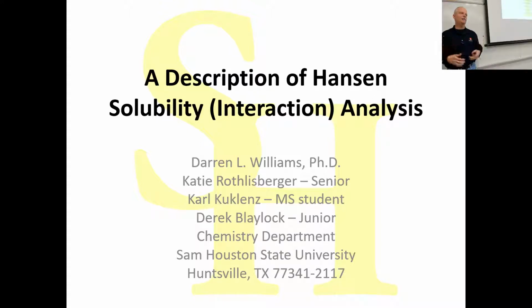So therefore the H term must be non-zero. So it's not really measuring how much hydrogen bonding there is in toluene, but it's saying that there's more intermolecular attraction than can be accounted for by the polar and the dispersion term. So the only thing left is this hydrogen bonding term.